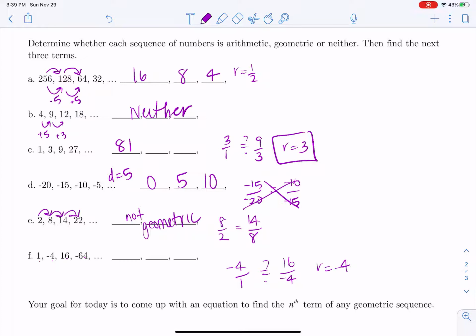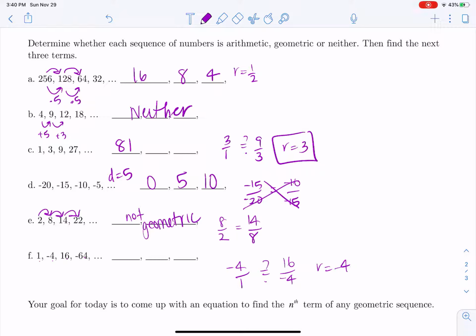When we talk about geometric sequences, as we multiply to get from one term to the next, it makes us think of exponential functions. So talking about geometric sequences, we can say that the common ratio here is -4.